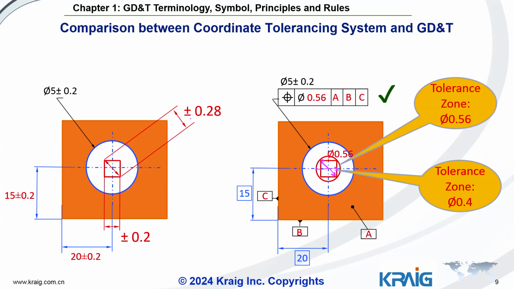As we mentioned, the worst deviation for this one is plus minus 0.28, and the worst deviation for this position is plus minus 0.28. But the qualified part, this one has more. So we notice the second issue for the plus minus tolerance to specify the position is that the tolerance zone does not make sense.